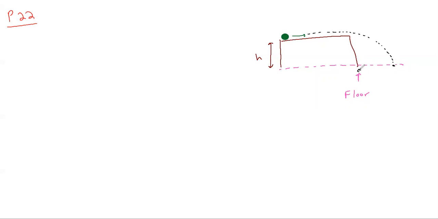The distance between the edge of the table and this point is d. We are given some initial values: the height of the table, y, is 1.2 meter. I call this height h due to some conventions that we followed in the book.